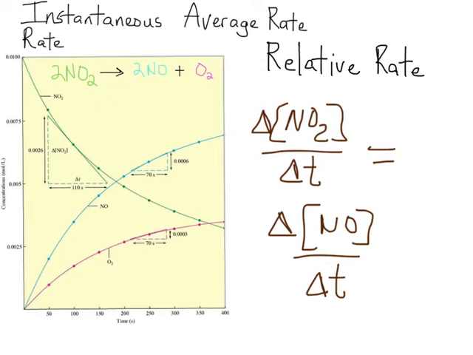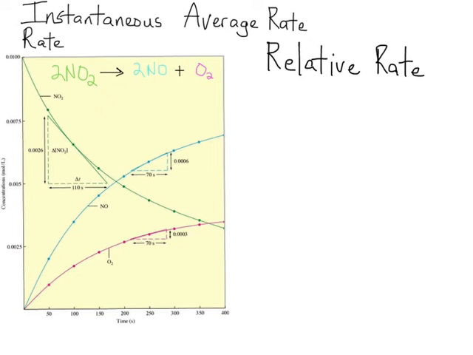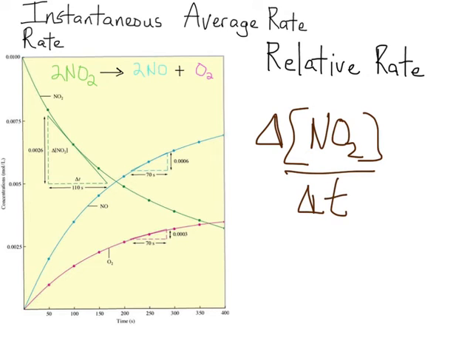But now let's do this in terms of another relationship. I'm going to write another relative rate statement. What if I have the change in the concentration of the NO2 over time? How do I equate that to the average rate for the formation of O2 over time?